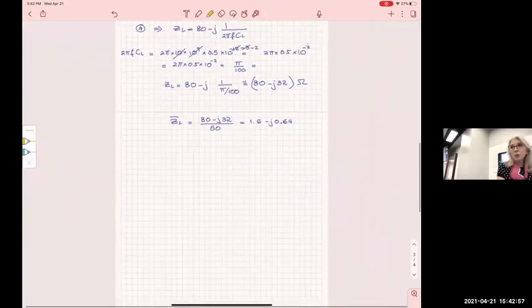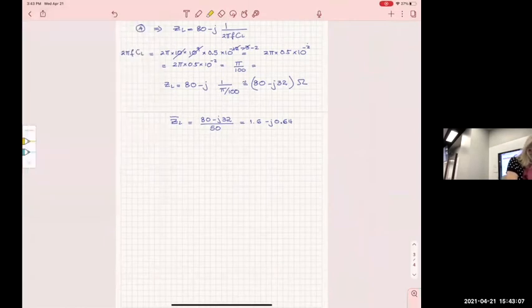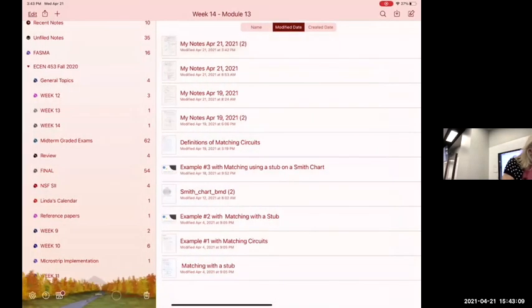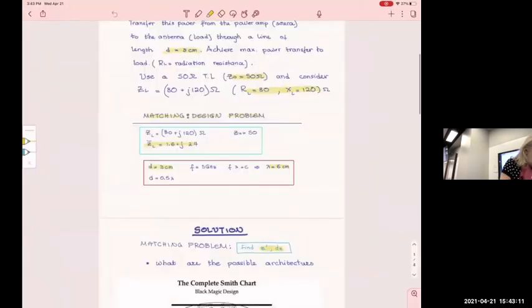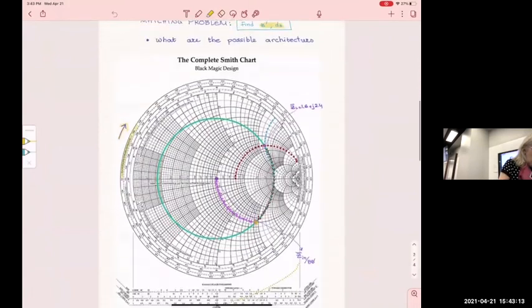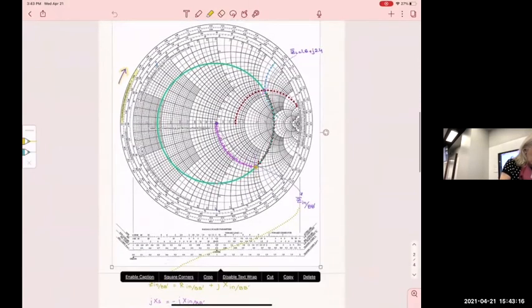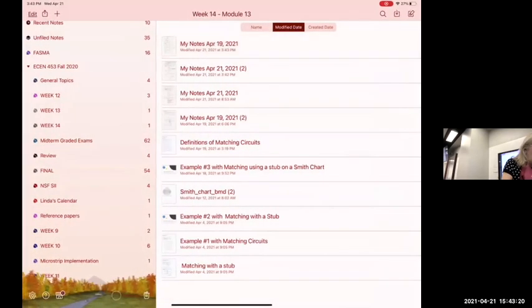Now with that, we're going to go to the Smith chart. We are along the green line, if you remember. So now I'm going to find a Smith chart somewhere, here, copy, and I will clean it up, of course.